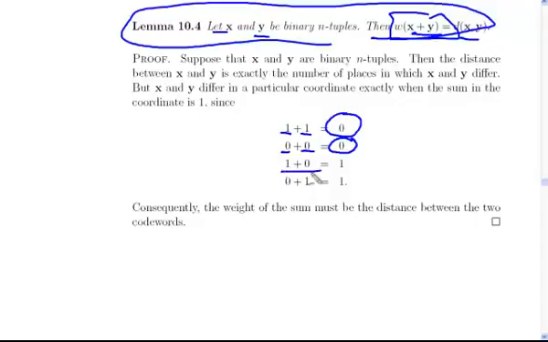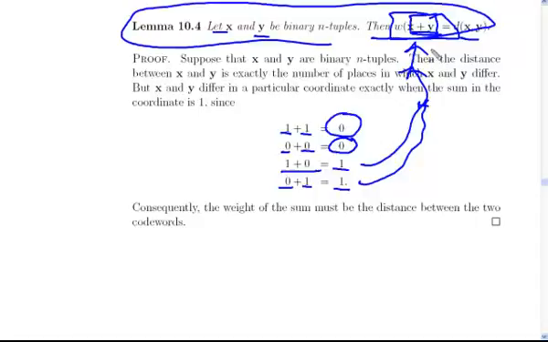If the two digits differ, and I take the sum of the two digits, I'm going to get a 1. That's going to add a 1 to the weight of the sum code word. And if the two digits differ this way, also adds 1. So whenever the two digits differ, it's going to add 1 to the weight of the code word. Whenever they don't differ, it adds 0. The number of digits where they differ is exactly equal to the weight of the sum code word.